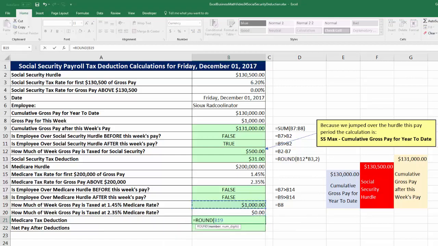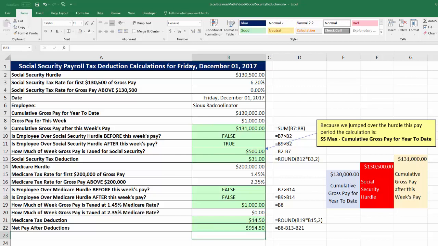I'm going to get the amount that's taxable times the correct first tax rate, comma, 2, close parentheses, and enter. So $1,450. All right, net pay, we take this week's gross pay minus there is the Social Security tax deduction minus Medicare tax deduction, and enter.